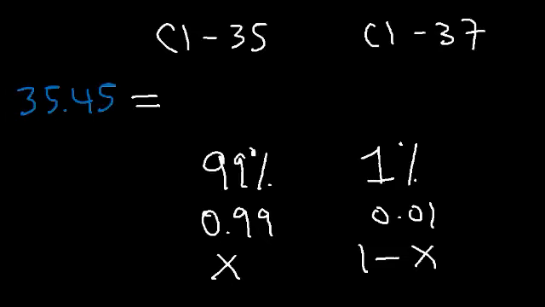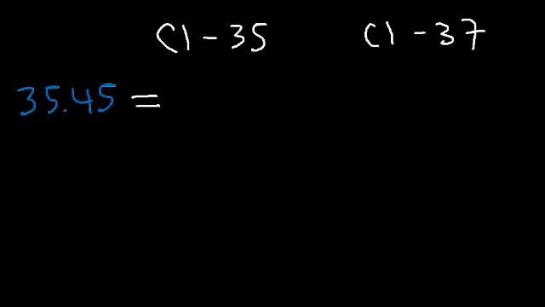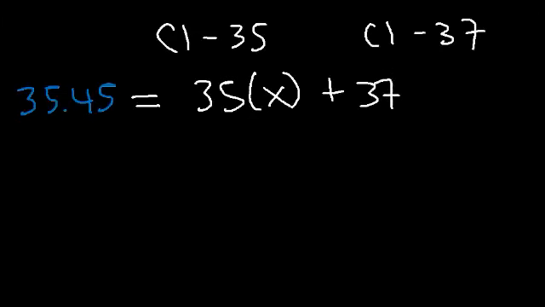So to find the percentage, you need to use x and 1 minus x to solve it. So let me illustrate. Let's say we want to find the relative percent for Cl35, it's going to be 35 times x. For the other isotope, it's simply 1 minus x. So we just got to solve for x.